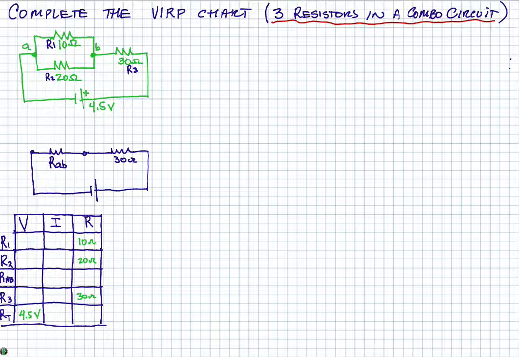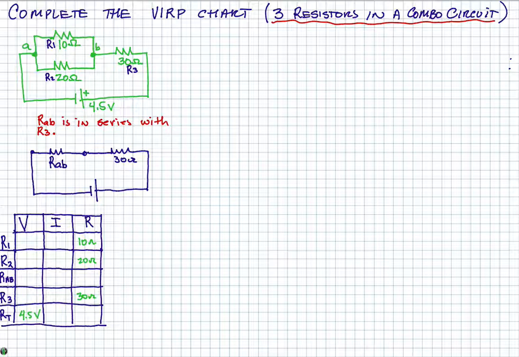So the question is, well, let me just make a little note again. Let me do this in red right here. There's some space. RAB is in series with R3.